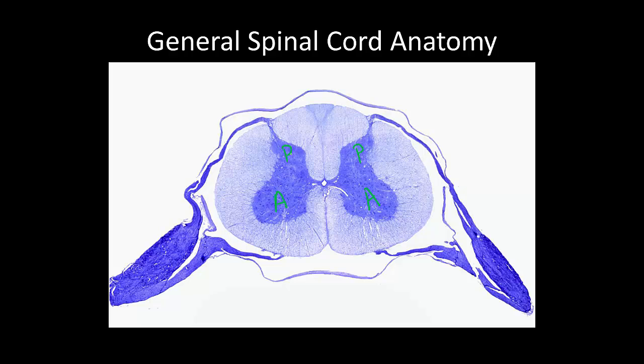Now notice that the posterior horn is extending all the way to the posterior surface here, where sensory information is entering through the posterior nerve roots and rootlets to get to that posterior horn. Now the anterior horn is sending off fibers that are going to be leaving as the anterior rootlets and roots.